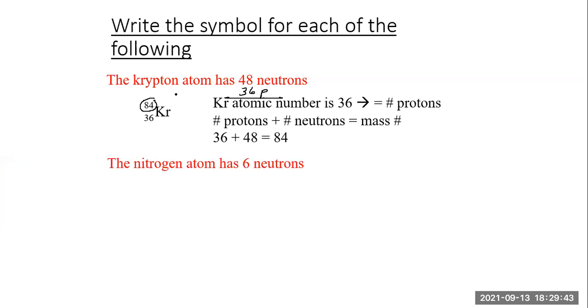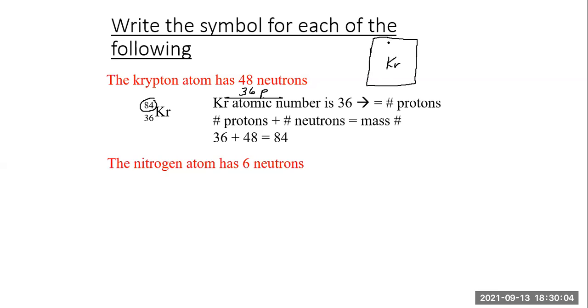Yeah, I'm sorry, can you explain that again? Yeah. Basically, in this case, they told us it's krypton and it has 48 neutrons. If you weren't sure what the atomic number would be, you would go to the periodic table and find the symbol for krypton.